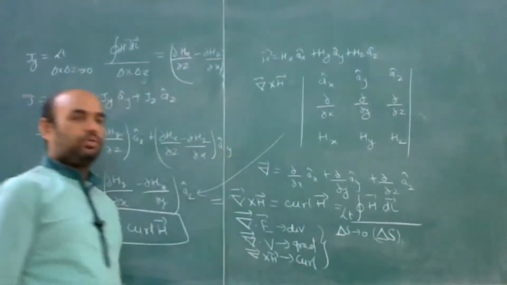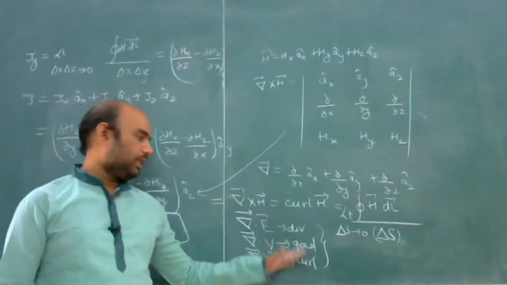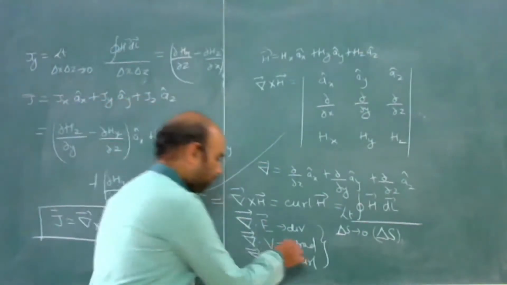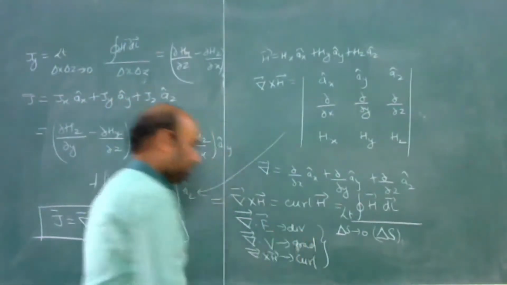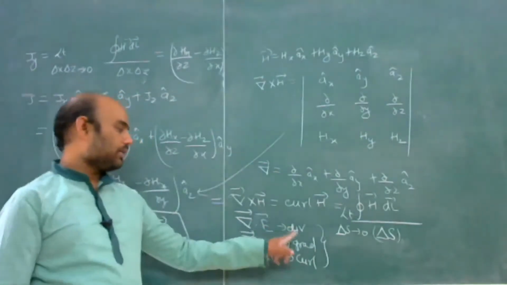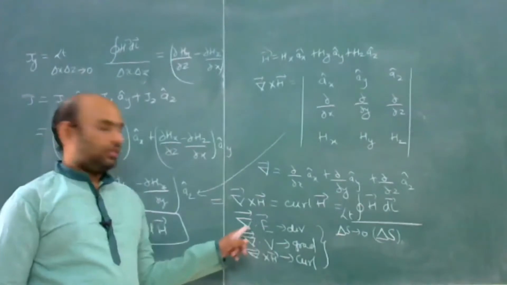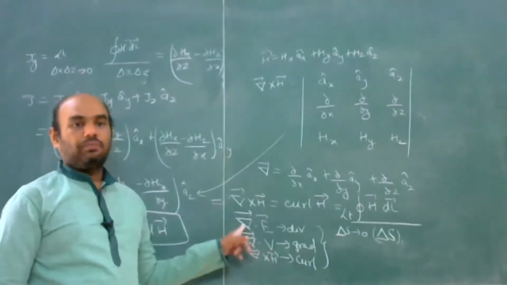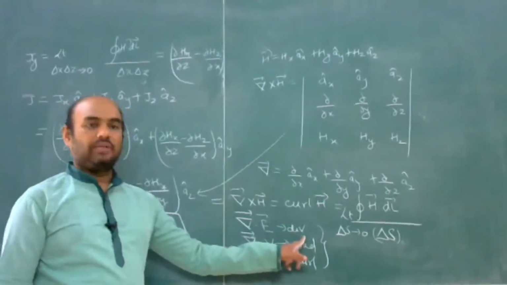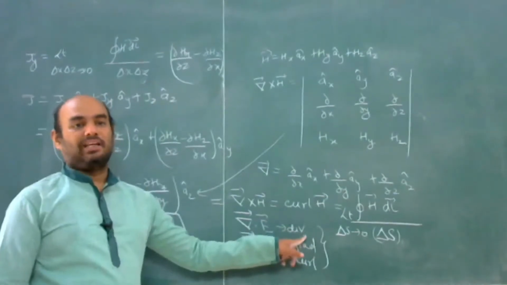So you have to remember these three definitions of divergence, gradient, and curl. If you dot product a vector with the vector operator, you get divergence, which is a scalar quantity.